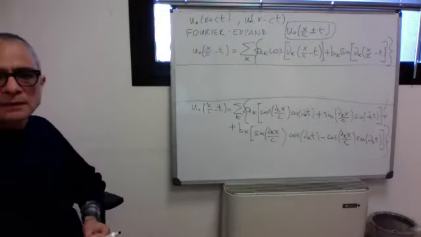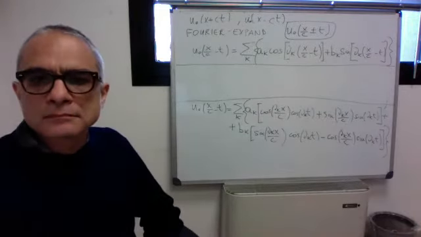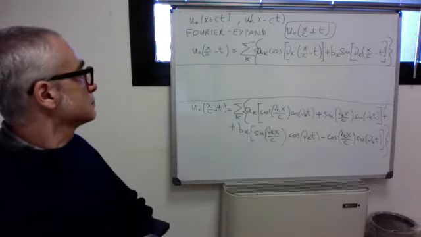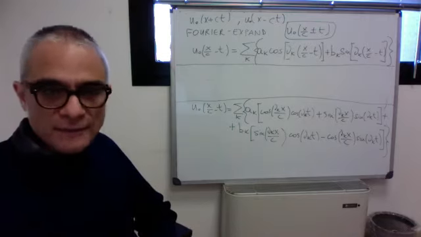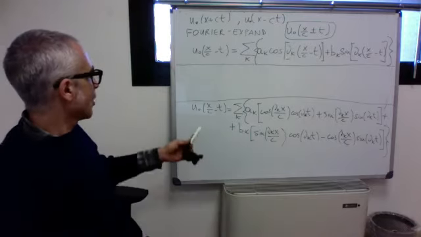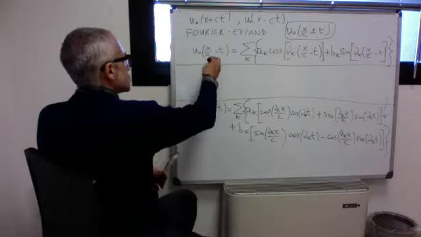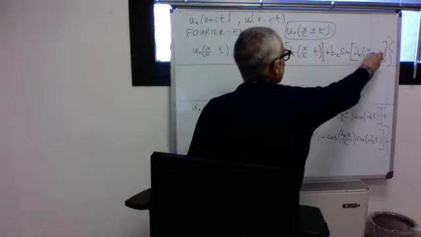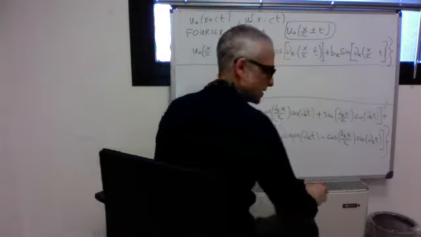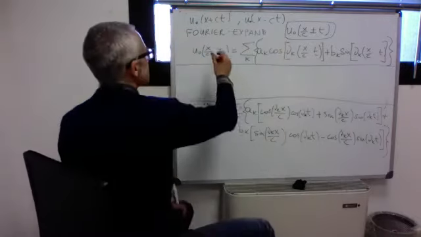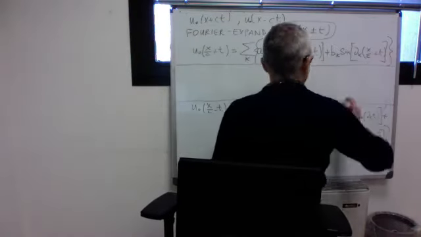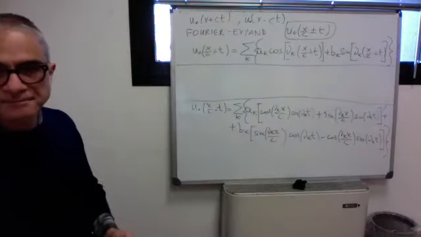Now I can do exactly the same thing for the other half of the D'Alembert solution, which is the same thing with a plus, right? So the Fourier formula stays the same. I just have to replace the minus here with a plus.